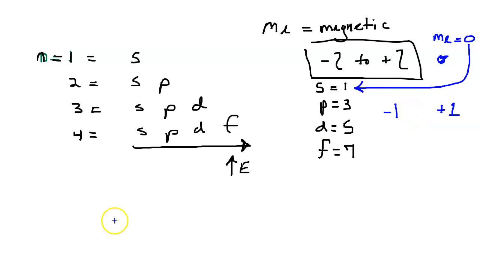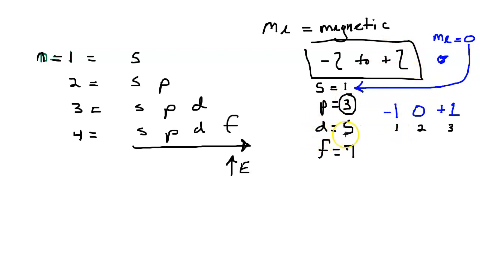All right, so we got to count them. If you go -1 to +1 through 0, count how many values we have. We have 1, 2, and 3. So we have a total of 3 orbitals. That's how we do that.